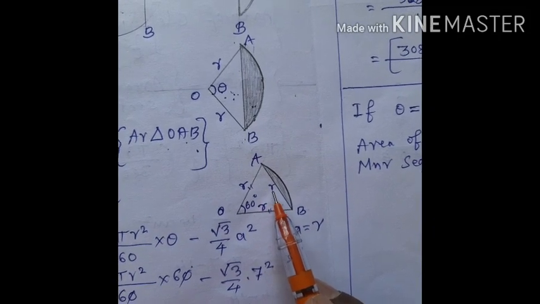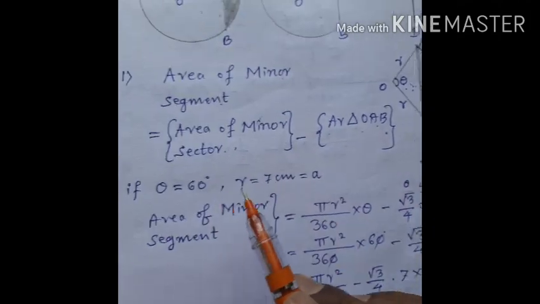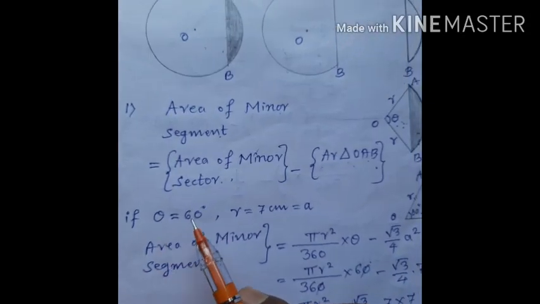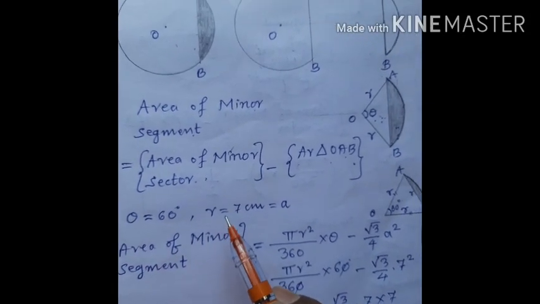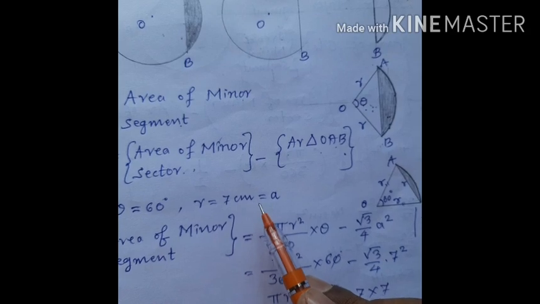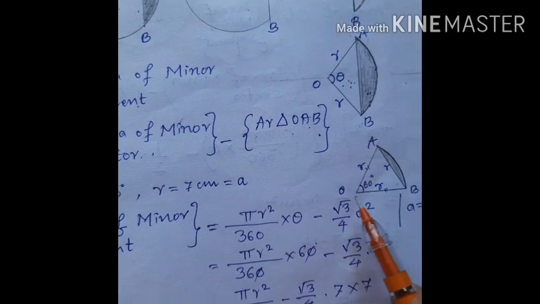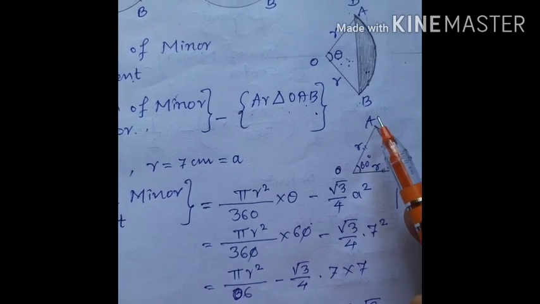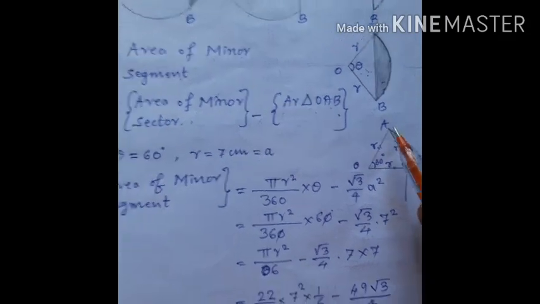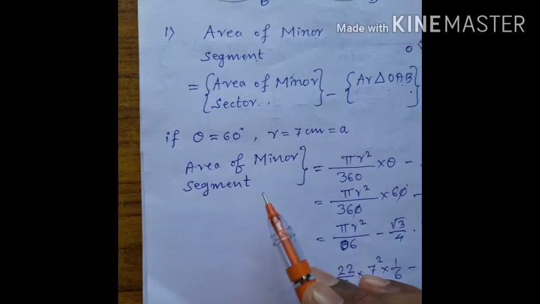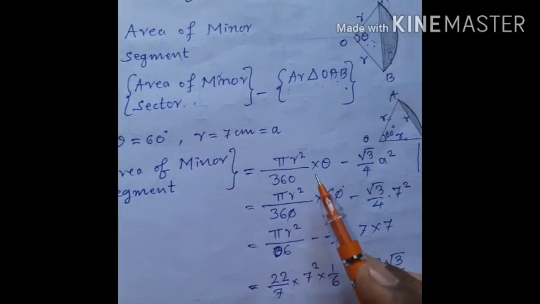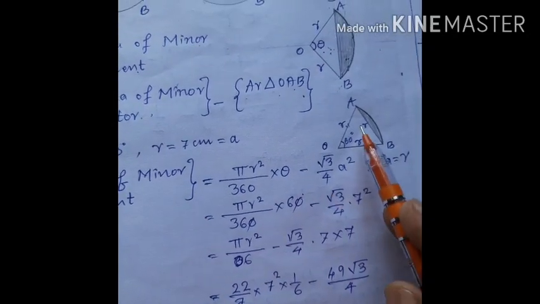Therefore, AO, OB and BA, all the three lengths are equal to the radius of the sector or circle. So children, let us find: theta is equal to 60 degree, R is equal to 7 centimeter, and A is the length of each side of the equilateral triangle. So we have area of minor segment is equal to area of the sector minus area of this triangle.